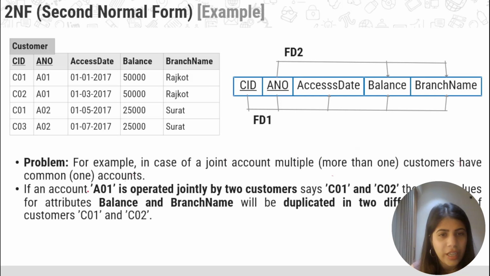So if an account A01 is operated jointly by two customers, say C01 and C02, like over here, then data values for attributes balance and branch name will be duplicated in two different tuples of customers C01 and C02. Can you see that? It has been duplicated.